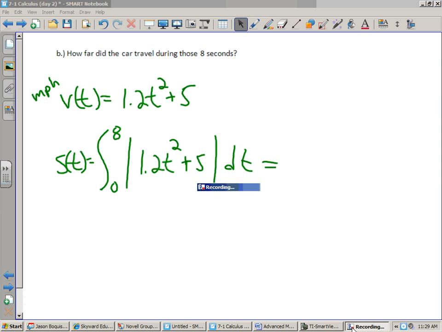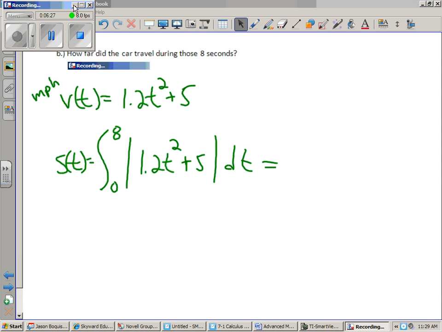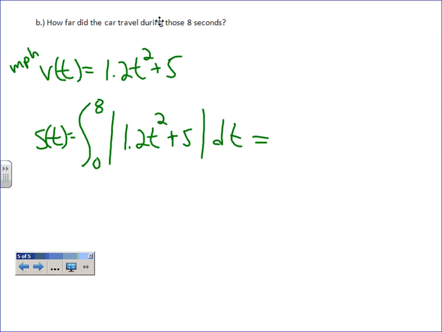Again, I think you're pretty good at using the calculators by now. Yes, you can just take the antiderivative again, and put in the 8 if you would like. Either way will work. There still would be a plus c, and we would consider the initial position being 0 if you wanted to do it that way.